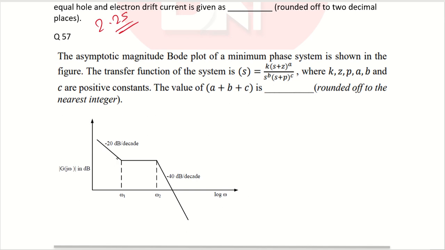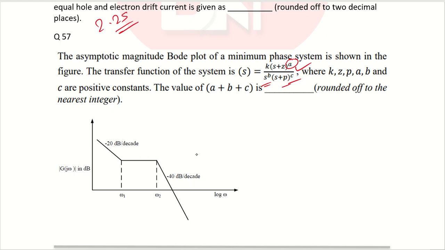The solution that you will get for A plus B plus C is so simple. You could write it by yourself. How will you write? A is a zero, and B and C are the poles, right? So as you can see, for A plus B plus C, what should come? First it is going to come up as A pole 20 dB, so B is actually 1.